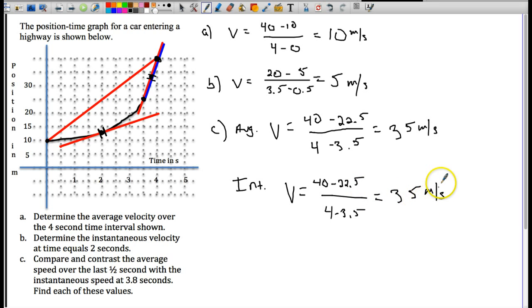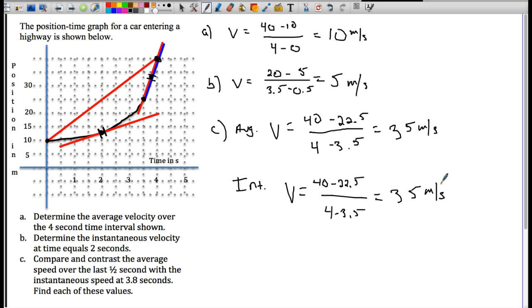And it works, 35 meters per second. So it works this time because, again, that last little section of that graph, if you look at your paper, it's straight, so the slope is constant. So these two lines are going to have the same slope, so they're going to have the same average and same instantaneous speeds.